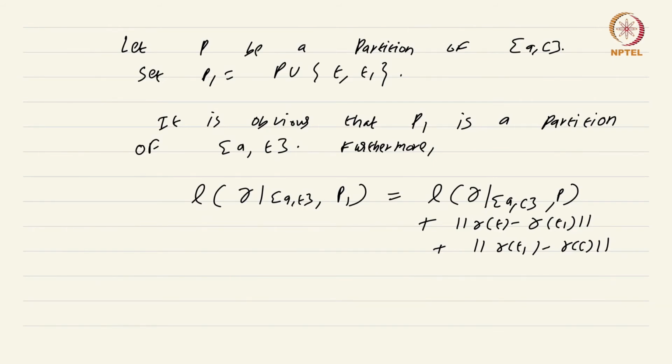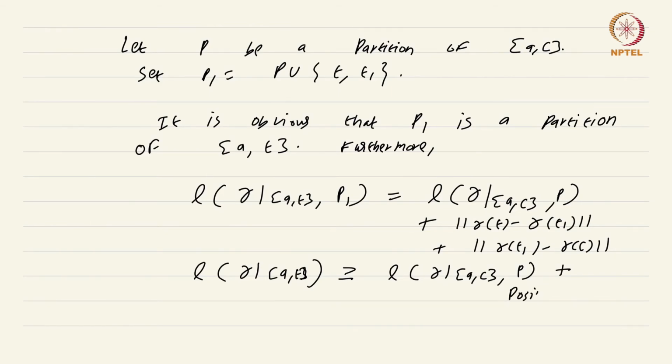So what we can conclude is that the length of gamma restricted to [a, t] is always greater than or equal to the length of gamma restricted to [a, c] with respect to P, plus some positive constant independent of the choice of partitions.